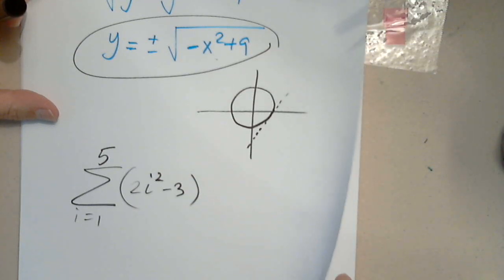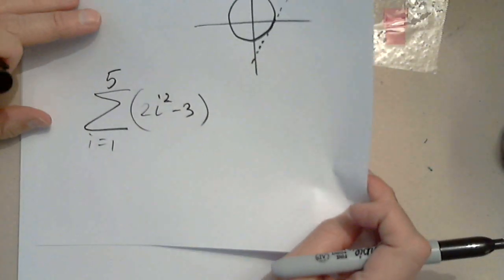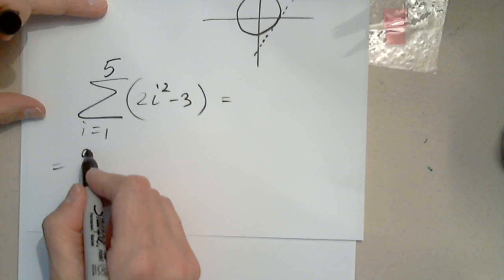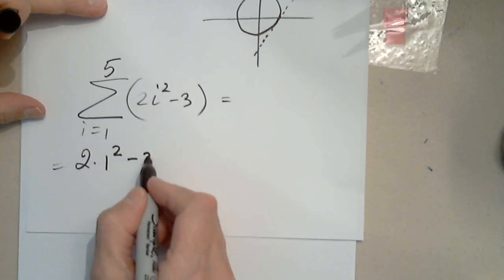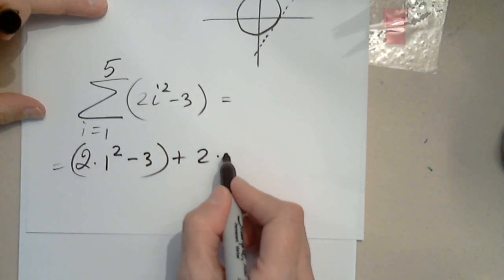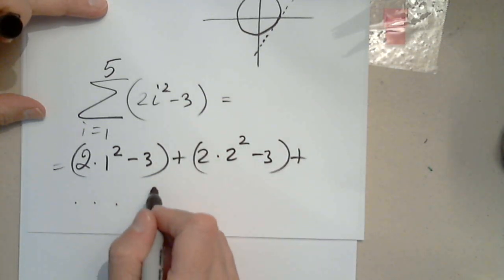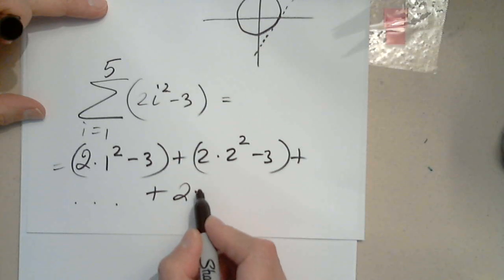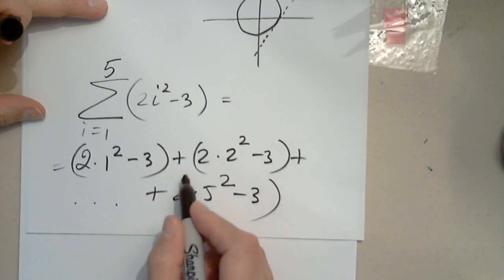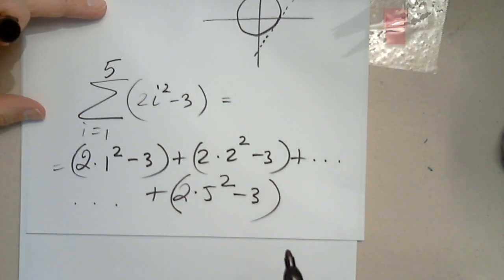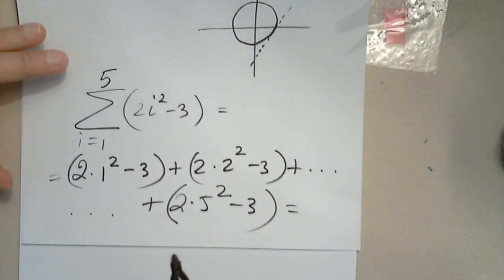Perfect. So we have from 1 to 5, so if you want to write it out, you can. 2 times 1 squared minus 3 plus 2 times 2 squared minus 3 plus dot dot dot plus 2 times 5 squared minus 3. And yes, you can, of course, do it by hand.